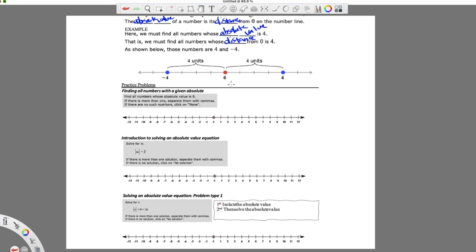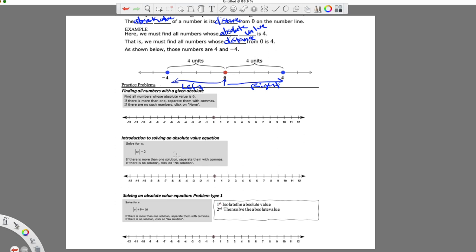Because what we're saying is I'm starting here, and I could go 4 units to the right, which is +4, or 4 units to the left, which is -4. So the positive and the negative just tell us, are we going right or left? But in this case, we're looking at distance. So they're still 4 units away. It just depends on, am I going to the right, am I going to the left?